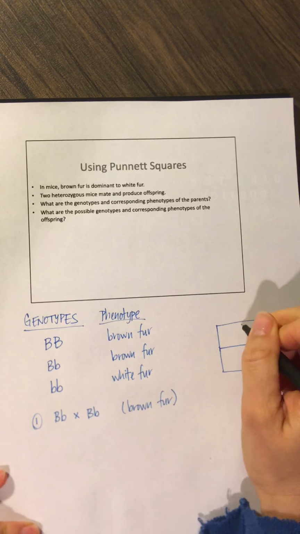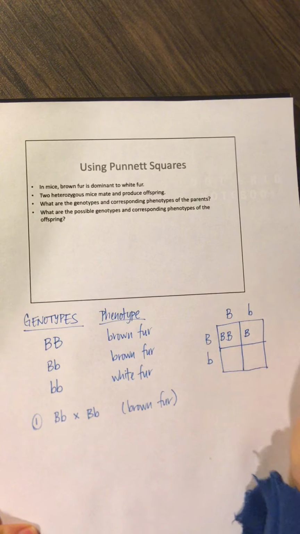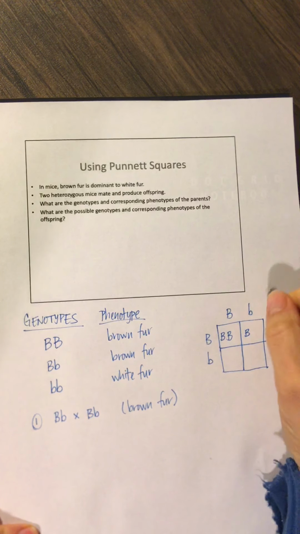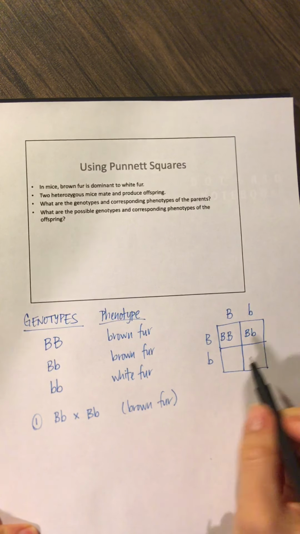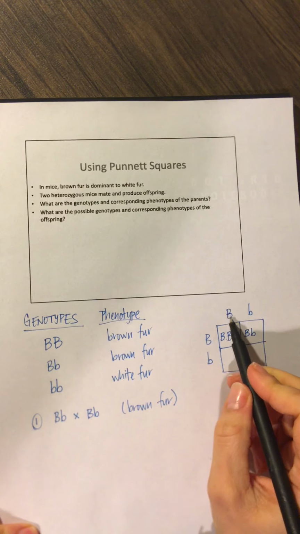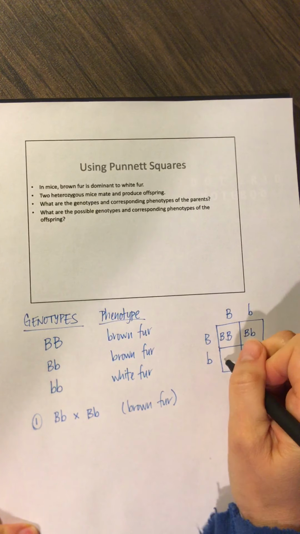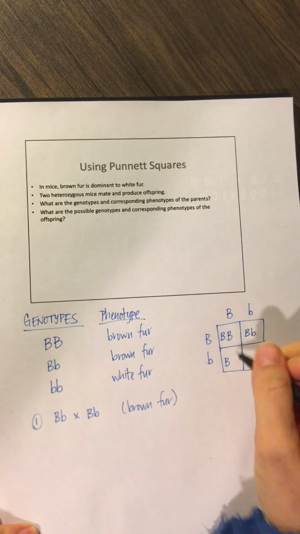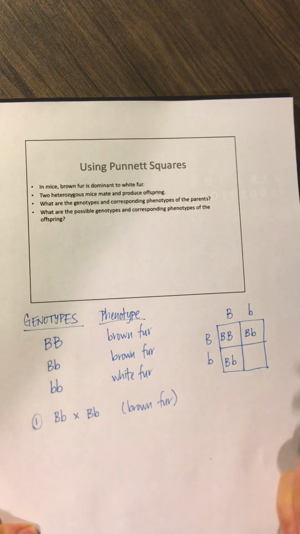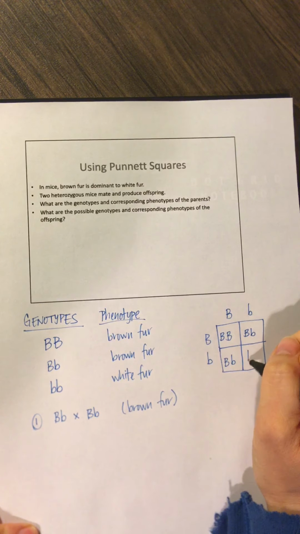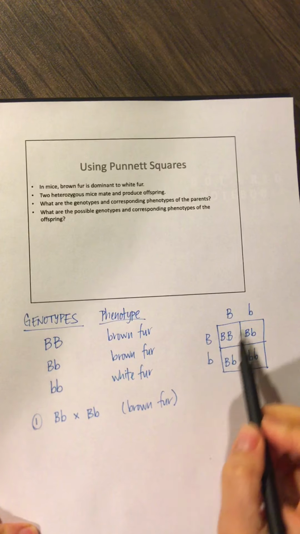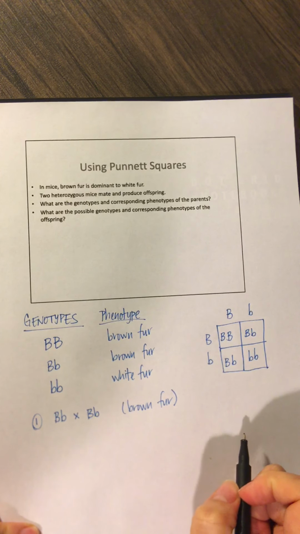This quadrant will receive a capital B and a lowercase b. This quadrant will receive an uppercase B and a lowercase b. And this last quadrant will receive two lowercase b's.